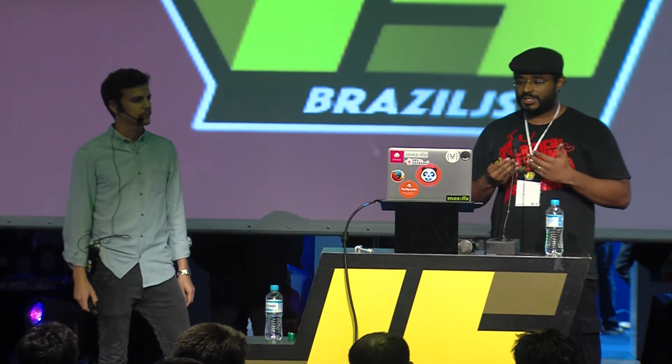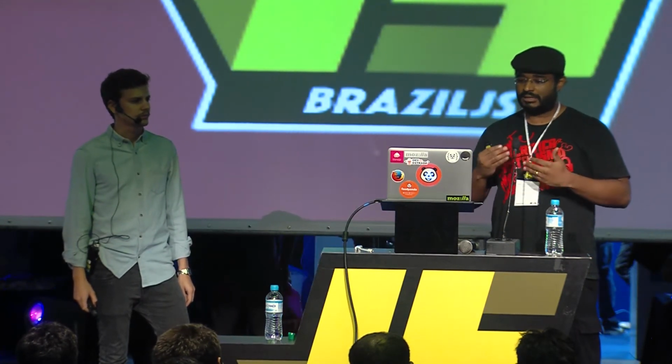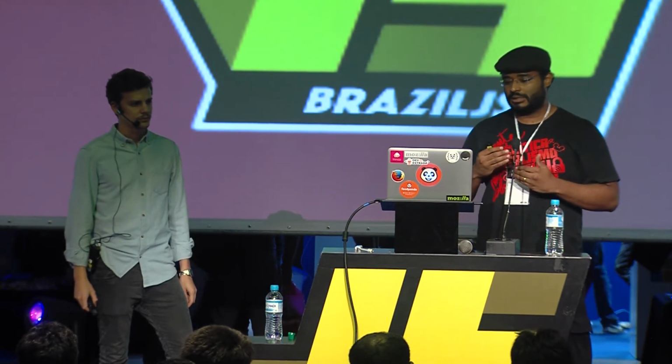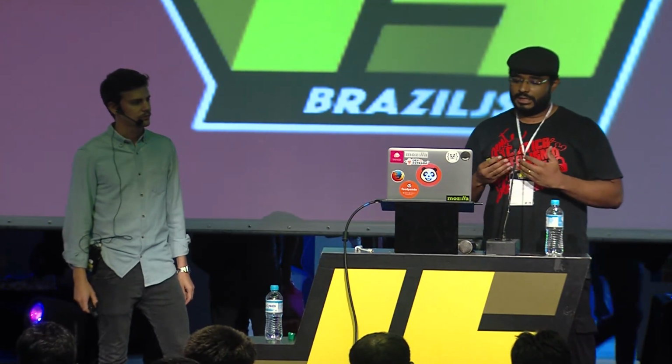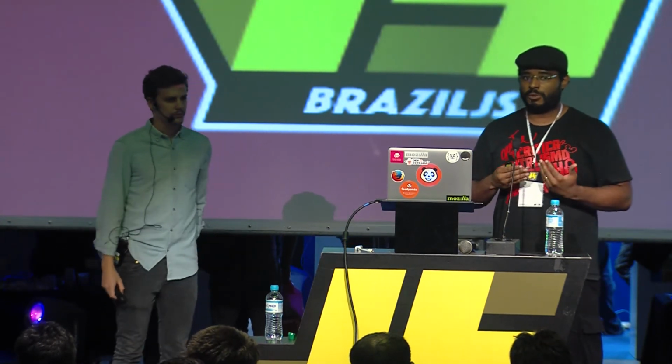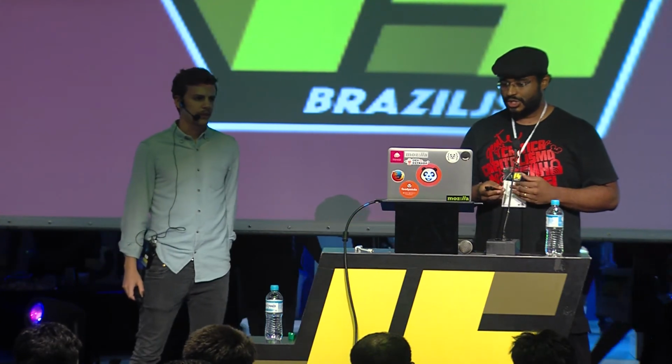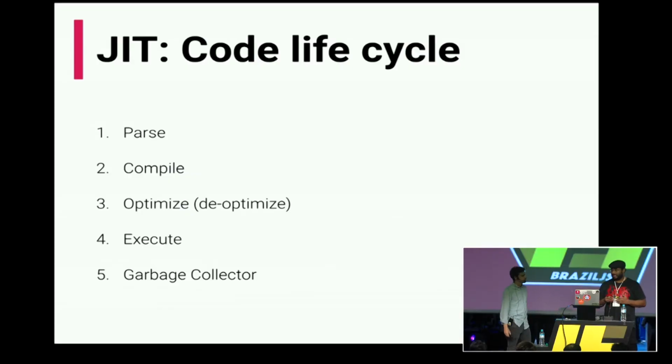So in general, browsers have a limit on how many times they try to optimize it. When this limit is reached, the browser will return to the interpreted version and run only that. So to summarize, the phases of a code in a just-in-time compiler could be parse, compile, optimize, deoptimize, execute, and garbage collection.